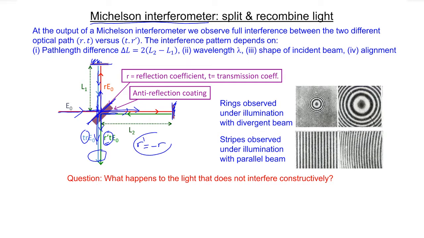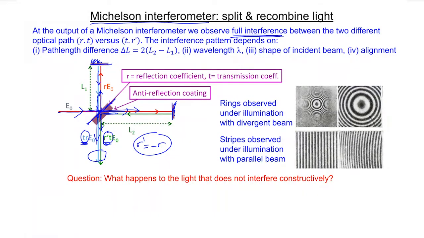And it's the same as the reflectivity from the front end, apart from a minus sign. Hence, these two contributions have equal amplitude, and hence the interference that we have at the end of the beam splitter is a full interference, where if the interference is destructive, the light is gone.